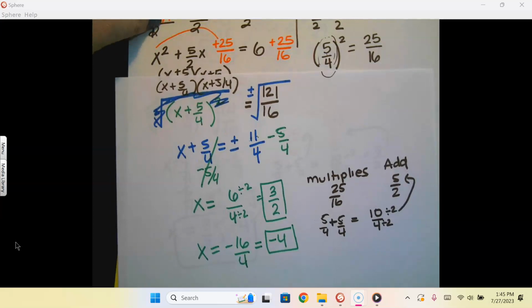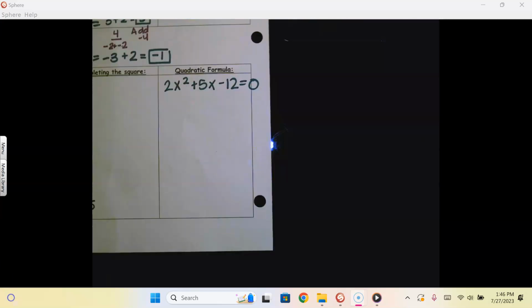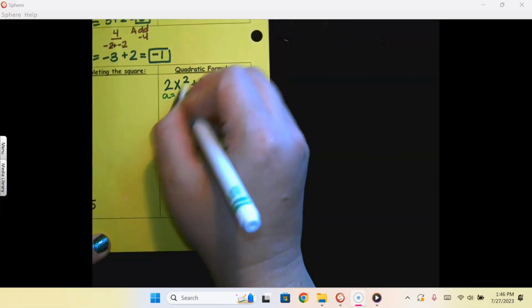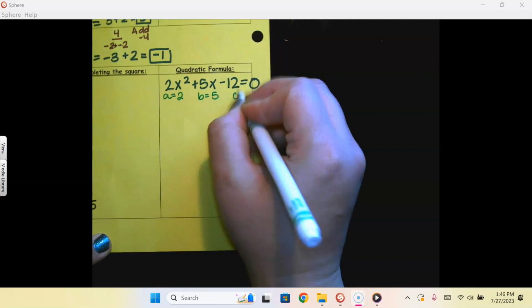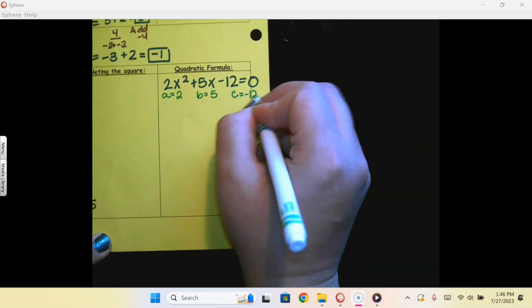Let's go ahead and use the quadratic formula. So when using the quadratic formula, a is the number in front of the x squared, b is the number in front of the x, and c is the constant. So we're going to go ahead and plug that into our quadratic formula.